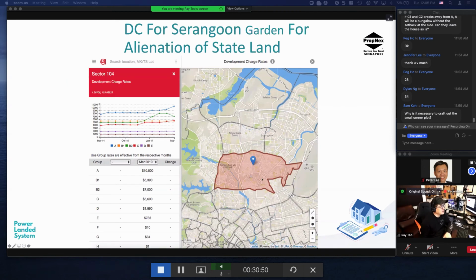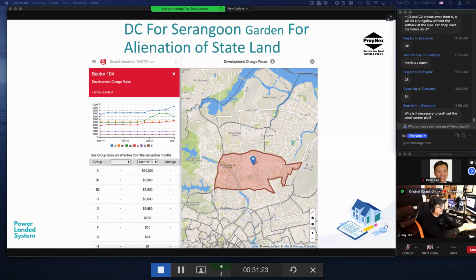So development charge. This is sector 104, where Serangoon Garden is. Under the development charge table, B1 is landed, B2 is condominiums and apartments. Landed is $5,390 per square meter. So per square foot, roughly $530, dividing by 10. 5 out of 7 of $530.